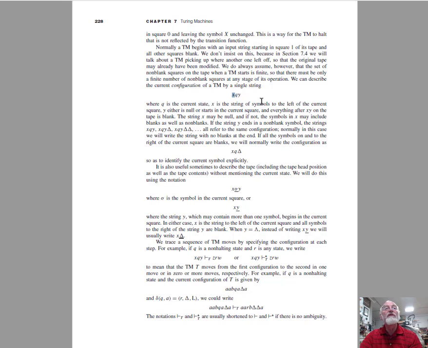Q says that we're in state Q. Y means that the first character in Y is the character that will be read now. So this says that we're in state Q. We've got these things to the left of the current state. We've got these things, whatever's in Y, at the current state and beyond.